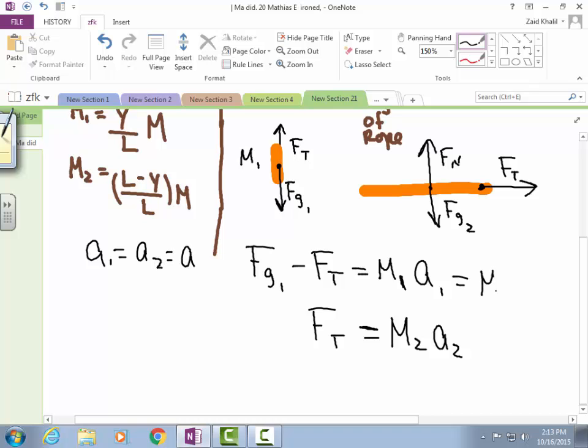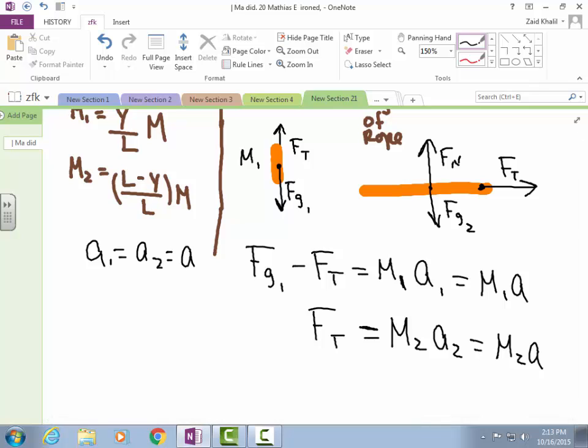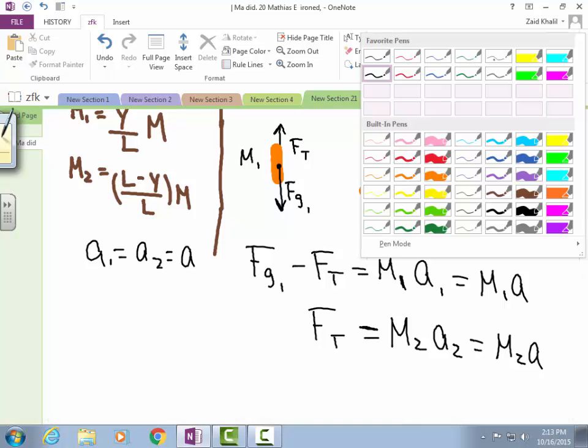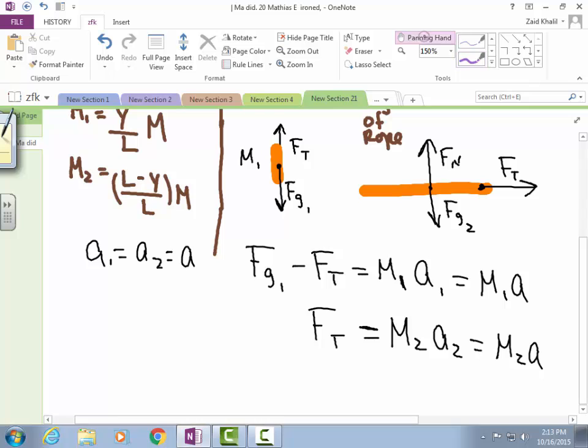And this is M1A, M2A. And guess what we're going to do with these two? Add them is correct. So let's add them. You add them, and what do you get?